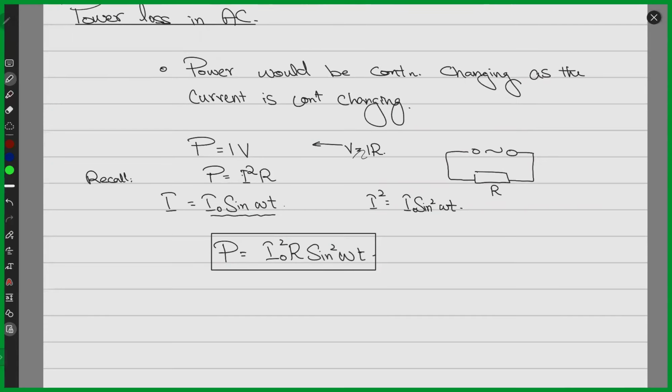And then from Ohm's law, we know that V is equal to IR, so we substitute and get P equals I squared R. If you remember, the current for an alternating current is given by this equation, where I naught is the maximum current and sine omega t. So if I square this, I get I naught squared sine squared omega t, and then this R. So we write it like this.